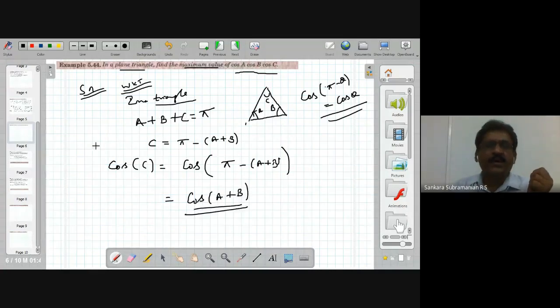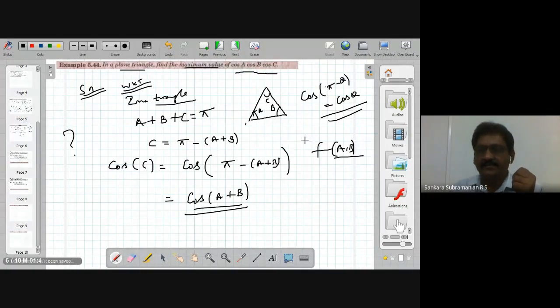So why are you doing like this, sir? Because I need a function with two variables, x comma y, or in terms of A comma B, not more than that. So how can I eliminate that? By using the relationship with the angles A plus B plus C must be equal to pi.